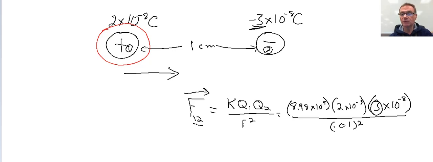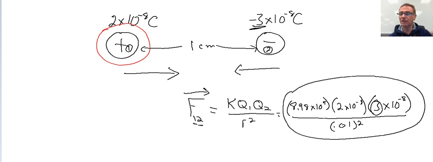If we were interested in the negative charge, that vector would be to the left. So I could have a force to the right or to the left using the same values I'm plugging in here. Does the negative sign on the minus 3 have any meaning? No, not really. You've got to draw a picture, visualize it, and then decide on the direction of the vector.